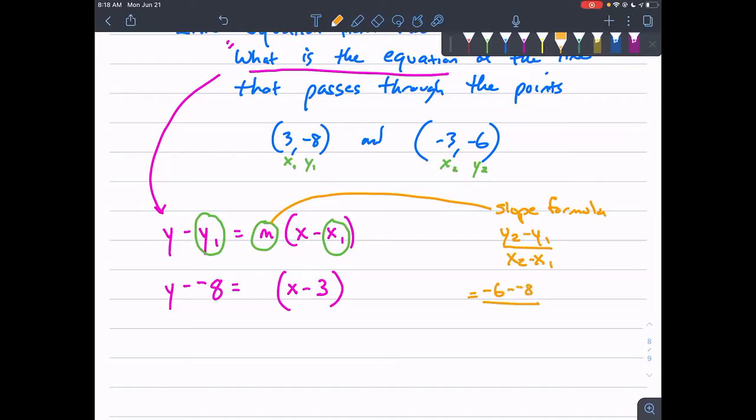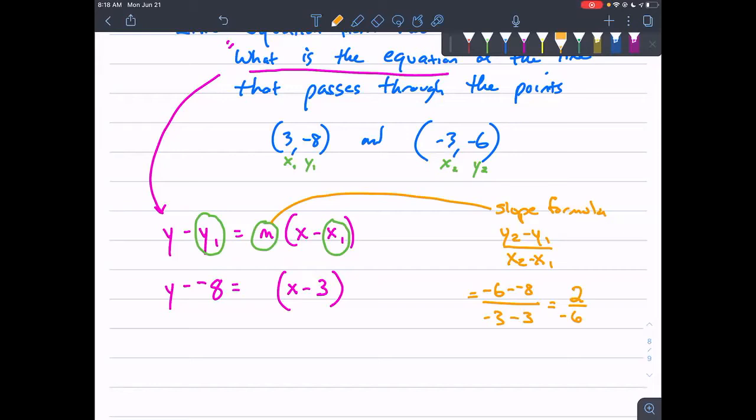On bottom, x2, which is -3, minus x1, which is 3. So -6 plus 8, -3 minus 3.